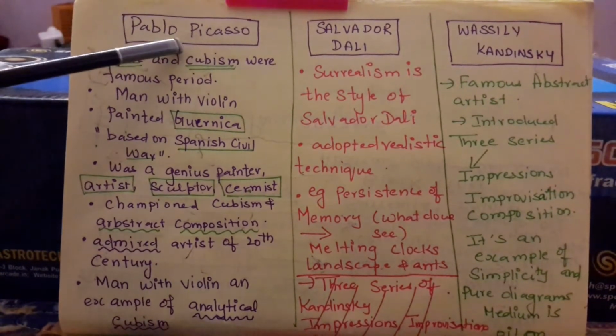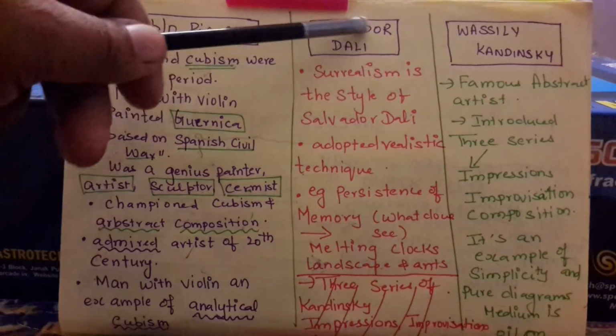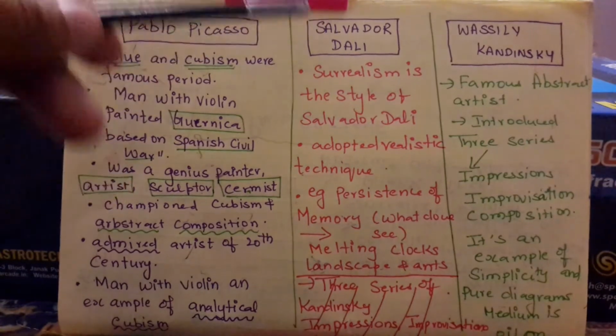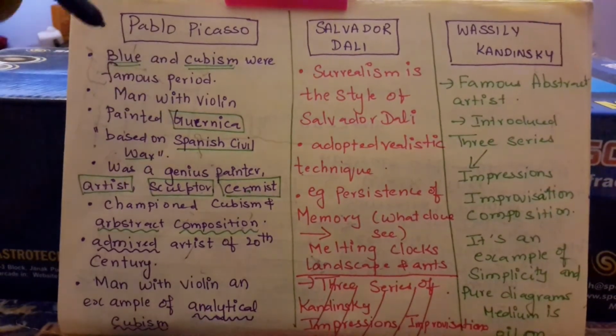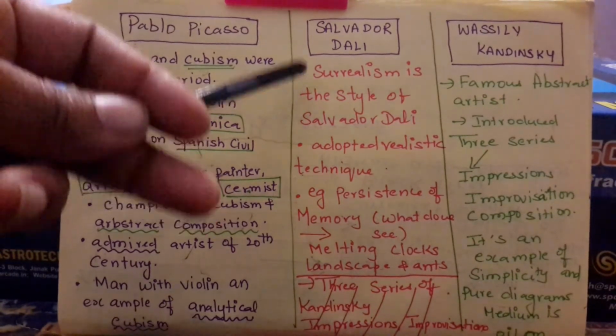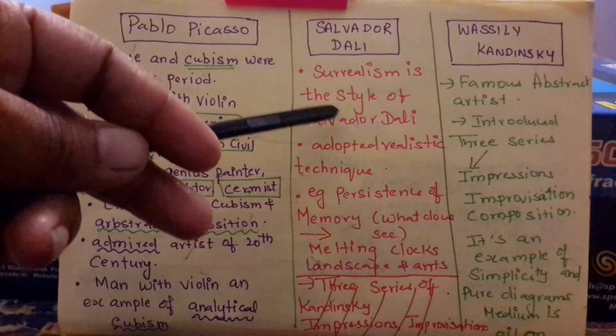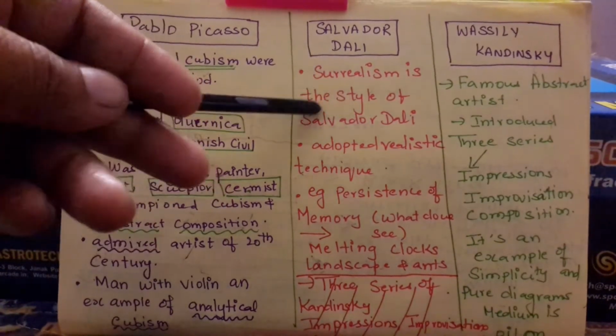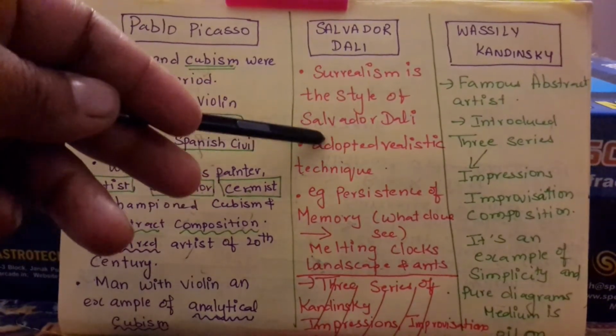Now moving on from Pablo Picasso, we are going to another artist, Salvador Dali. As I have taught you the technique, S for Salvador and S for Surrealism. So relate the keyword of Surrealist art to Salvador Dali. And Surrealism is the style of Salvador Dali.